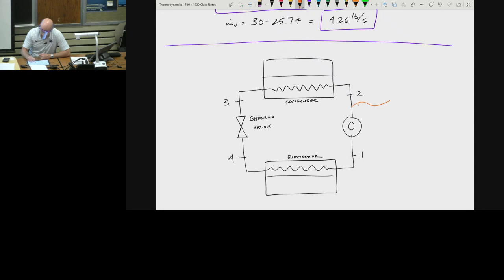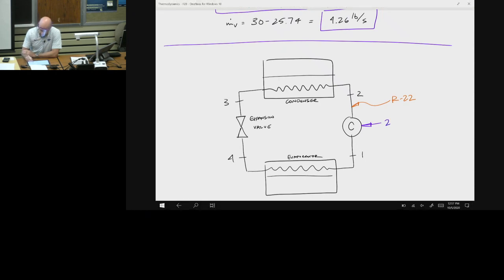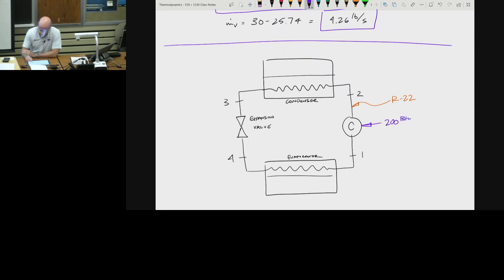And I'm going to say the inside of this pipe is going to be refrigerant 22. R22 is going to be flowing through this thing. And I'm going to tell you that this compressor, I'm going to need to power it with 200 BTUs per minute.